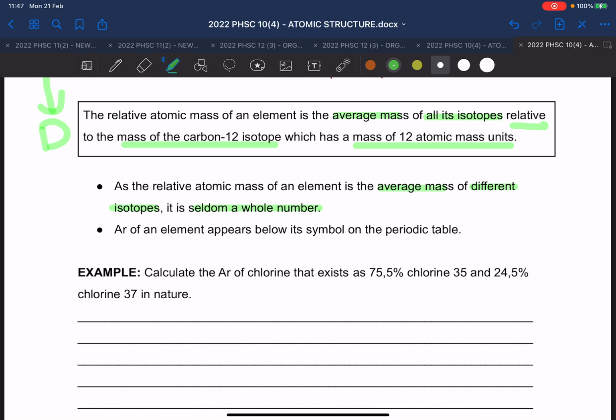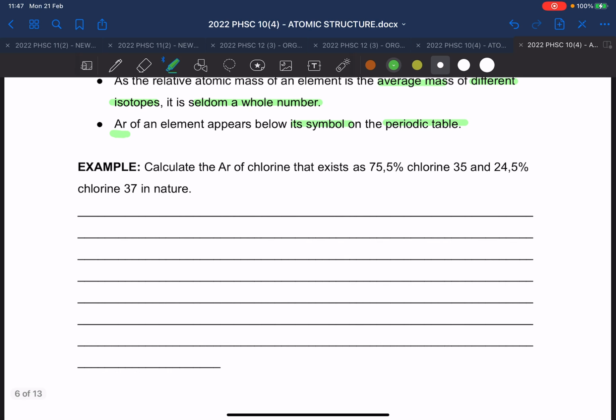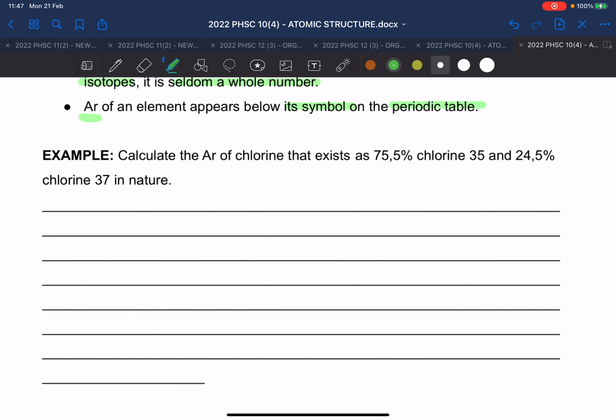AR stands for the relative atomic mass of an element, and appears below its symbol on the periodic table. I know it's on your periodic table, but they expect you to be able to calculate the mass of each element on the periodic table from its isotopes. That's what we're going to practice here today.